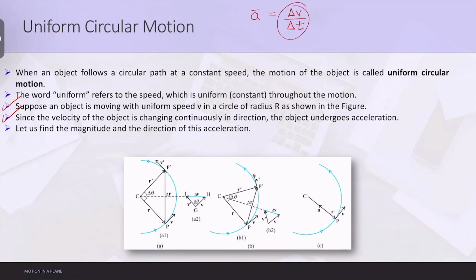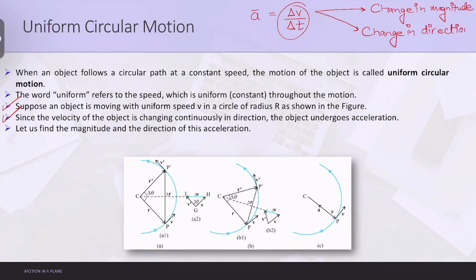So how will acceleration change? If there is a change in the velocity, there will be acceleration. Now velocity can be changed in two different ways. The first way is if there is a change in magnitude, and the second is when there is a change in direction.